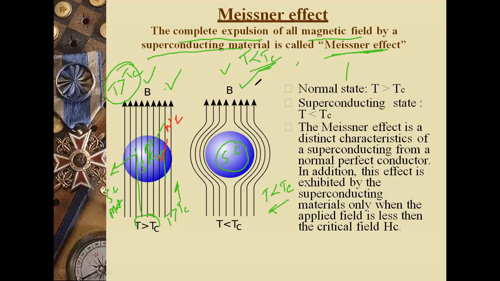Less than the transition temperature, when you are lowering the temperature, the magnetic field lines are completely expelled. The complete expulsion of the magnetic field by the superconducting material is called the Meissner effect.